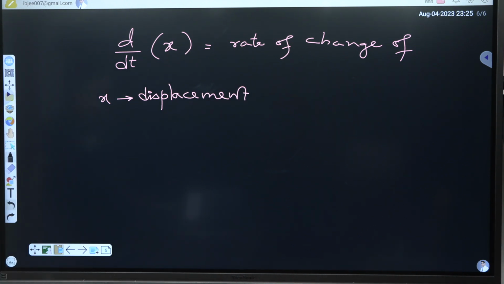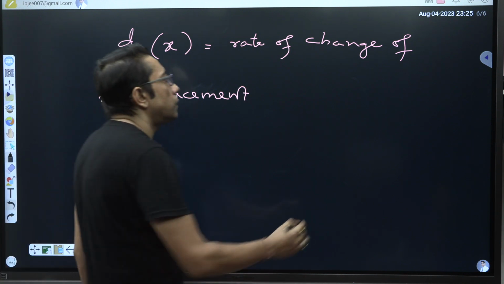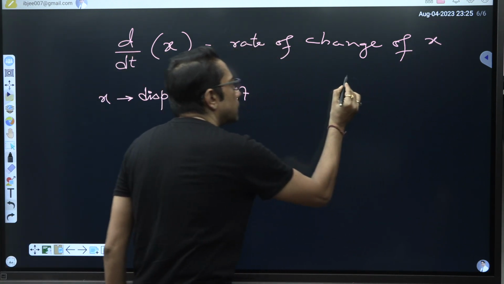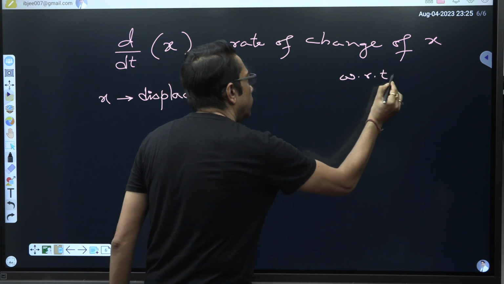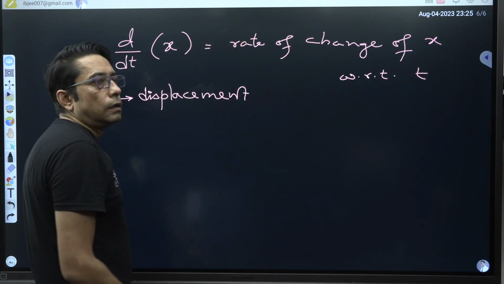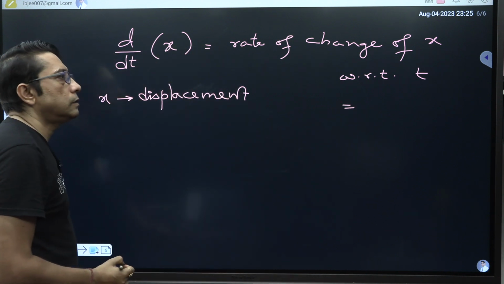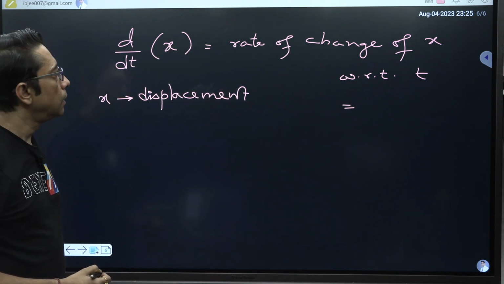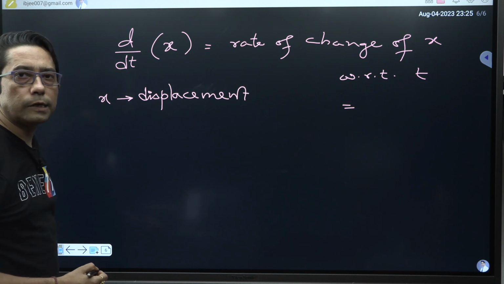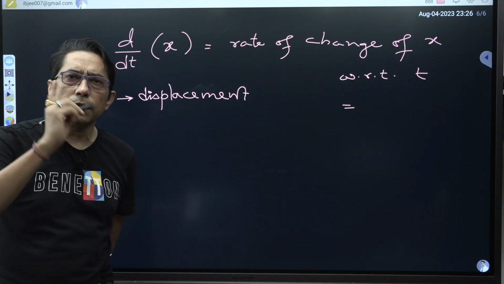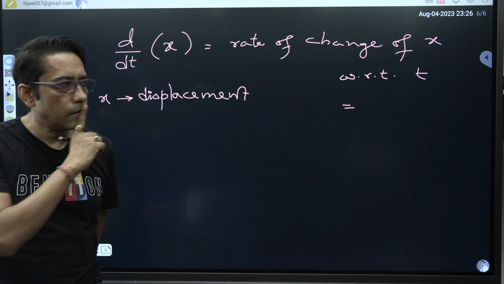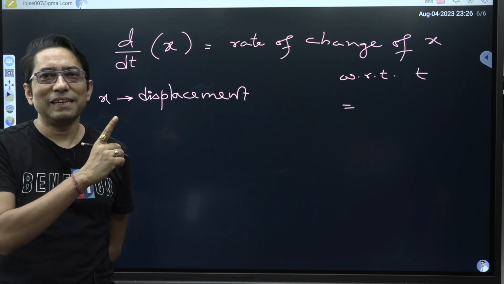So this is the rate of change of displacement x with respect to time t. Can you tell me which quantity it is? Rate of change of displacement with respect to time, you read somewhere in class 9.